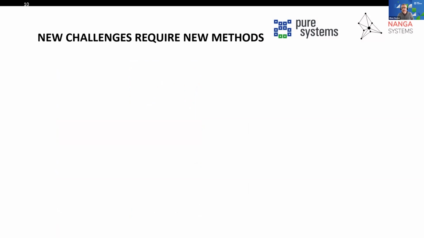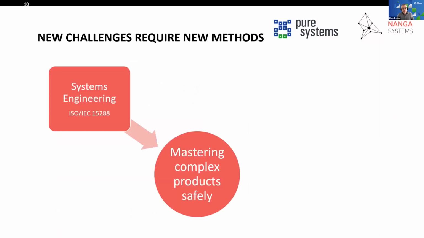That's quite easy. There is one thing I don't want to talk about today, but most of you are familiar with it. This is systems engineering, according to ISO standard 15288 and other standards.